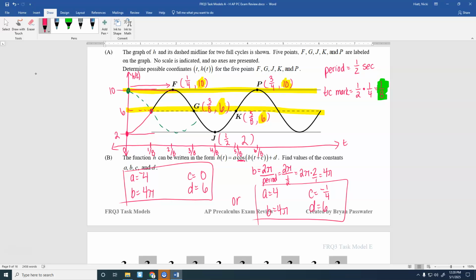It works in this case because your graph starts at a minimum point, so that can be flipped to be a maximum point. But if they had made this a sine graph, it wouldn't work. You'd have to shift it left or right. Or if our function started at the midline, or definitely the maximum, if it started at the maximum, we wouldn't have to shift it at all.